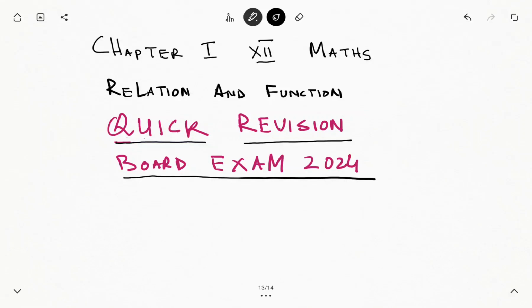Going to start revision of first chapter, class 12 maths, relation and function. There are two important points of the chapter: relation, functions.